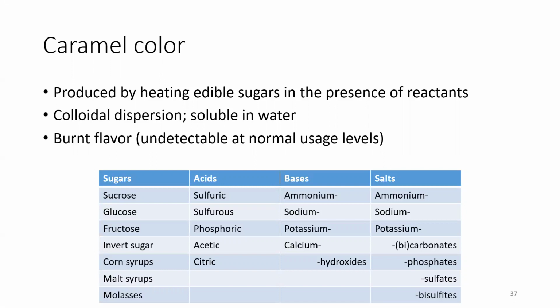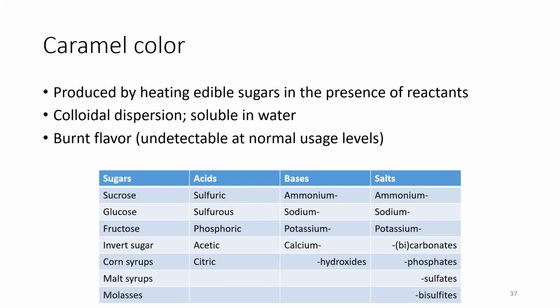So I have here lists. I looked at this just the other day and I thought this isn't the best table. The rows don't mean anything. This is just a list of 4 things. So it doesn't mean that the sucrose will react with sulfuric acid and ammonium. You can do sucrose and sulfurous acid, for instance.